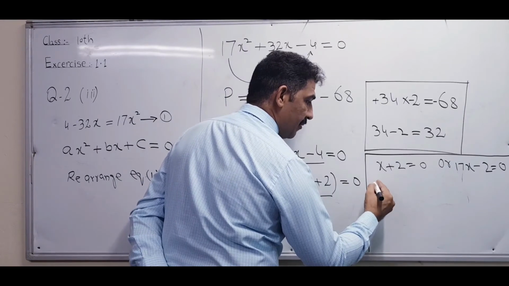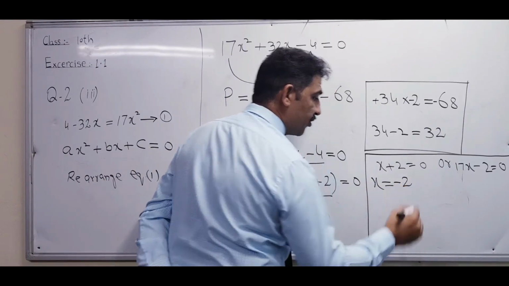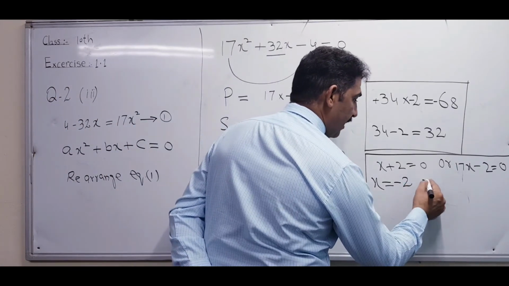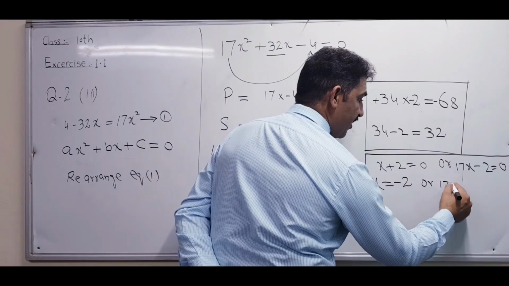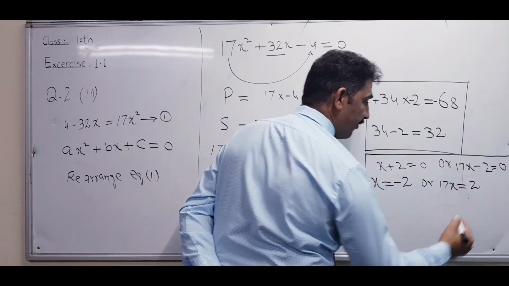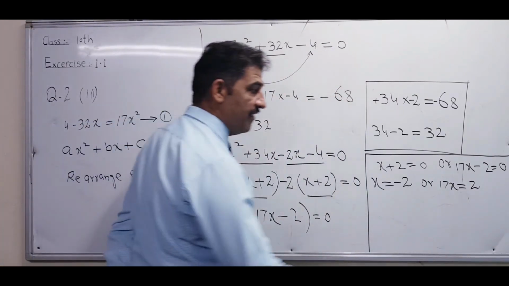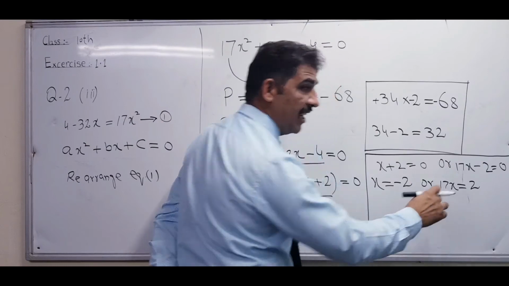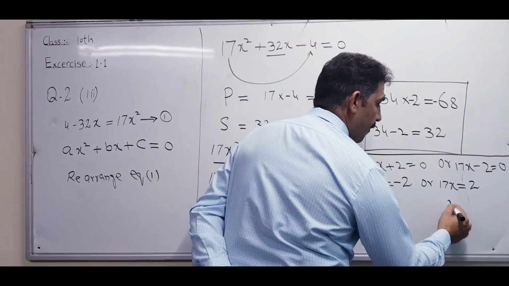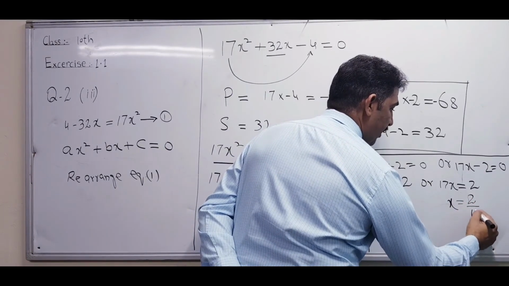So what comes as the answer? x is equal to minus 2. Okay. And the next one: here 17x will remain and 2 is shifting to the other side. It will become positive 2. So we need x single. 17 is multiplying, on the other side what changes? Divide. Good. 2 over 17.